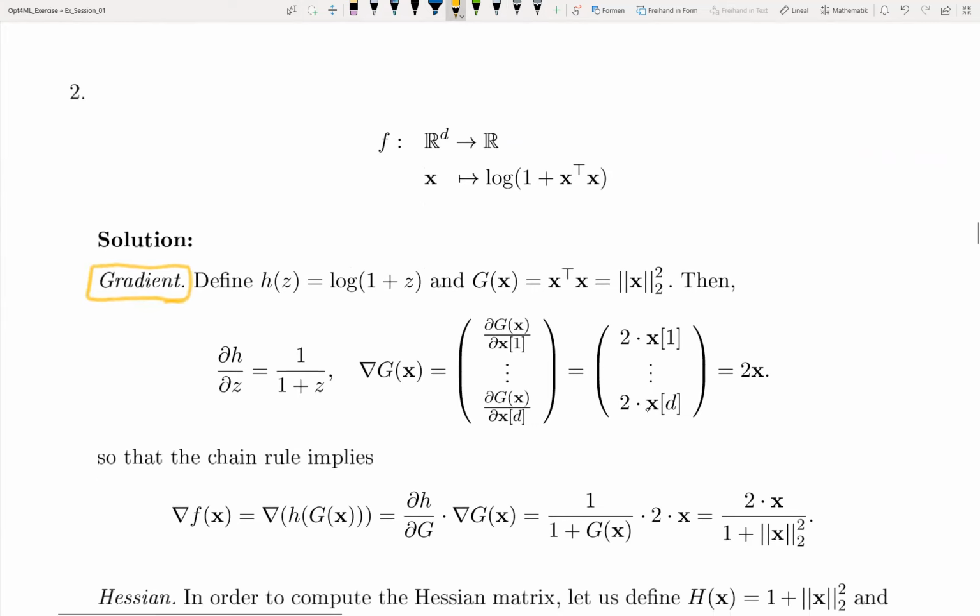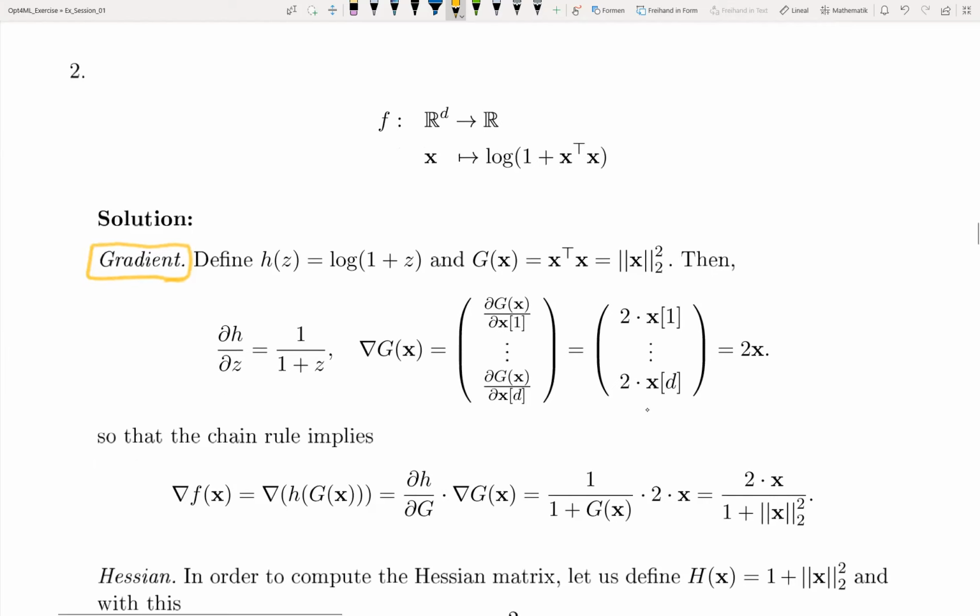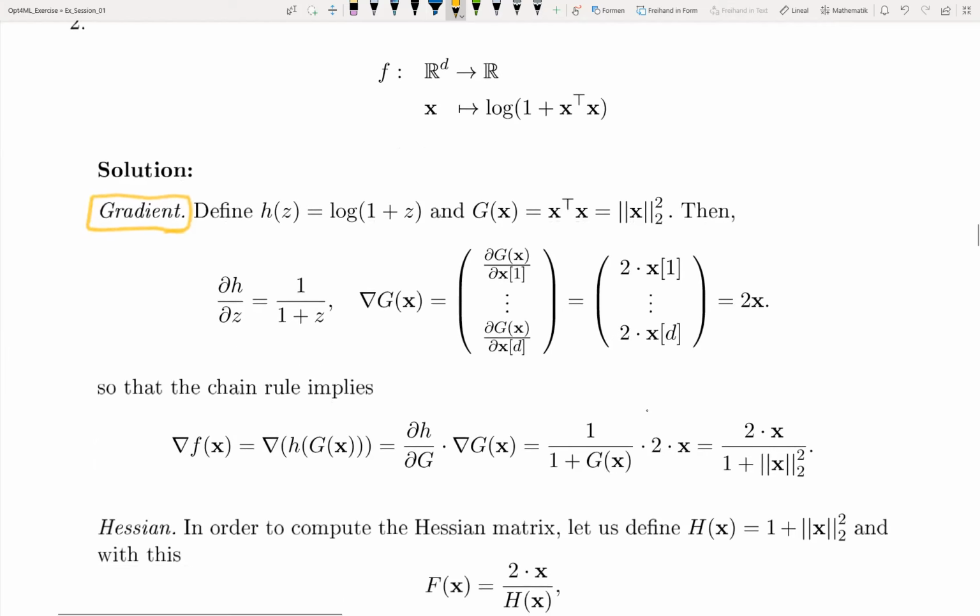We can again express this as a chain structured function where we have as an outer univariate function the logarithm, or rather 1 plus input and then the logarithm, and the inner function is a multivariate function, so it gets a d-dimensional vector, puts out a real-valued number, x transpose x, or again, this is nothing else than the squared Euclidean norm. This is why I referred to the previous part as a warm-up.